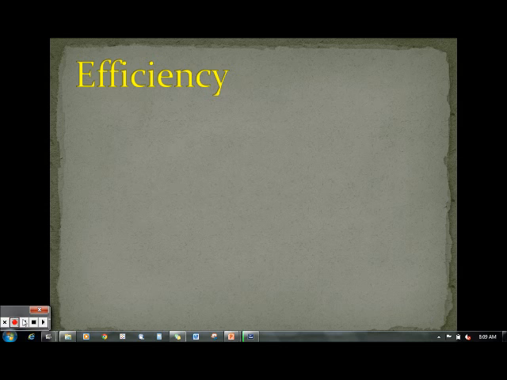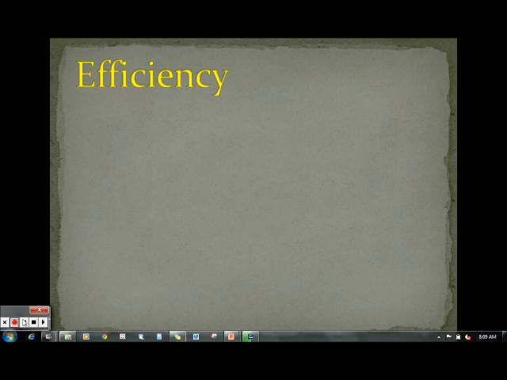And that means that ideal mechanical advantage, what was ideal mechanical advantage? The distances. That's right.